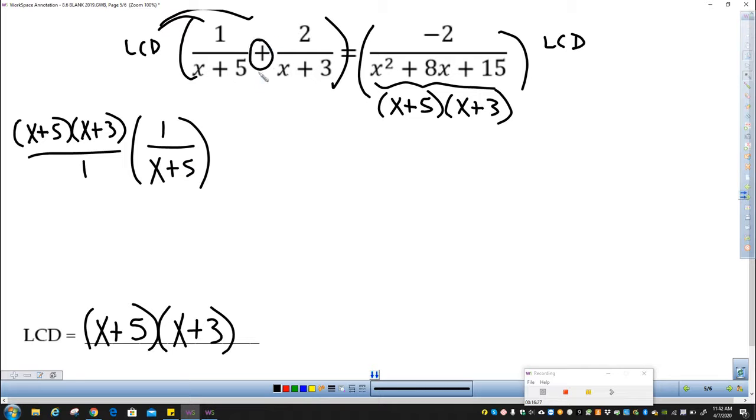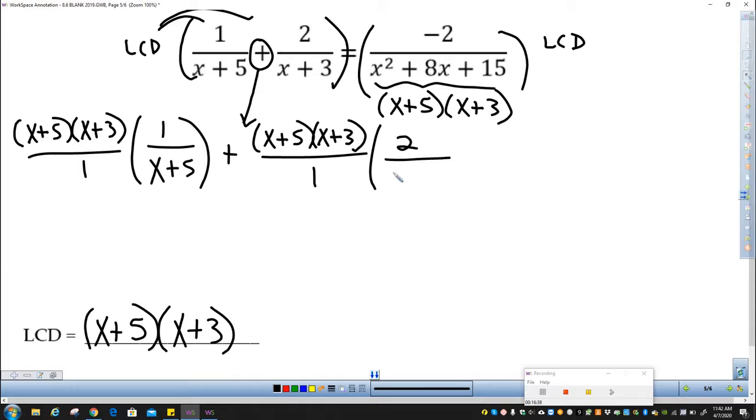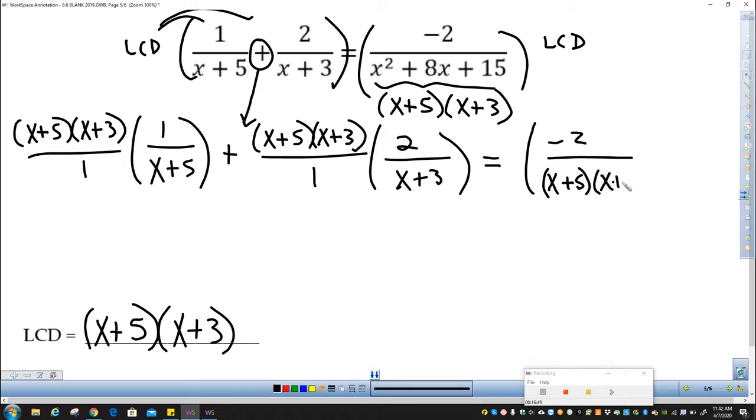We're going to bring this addition sign down. Now we're going to do the LCD again. Multiply that by the second fraction. Okay, bring down the equal side. And we've got this -2 over, I'm going to write the denominator factored, and that'll multiply by the LCD as well.